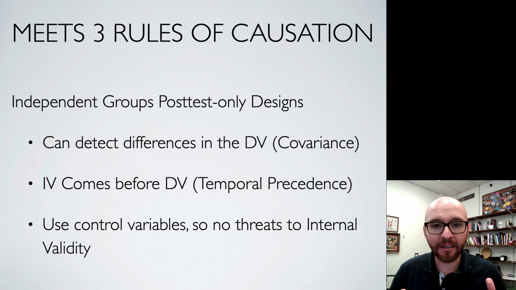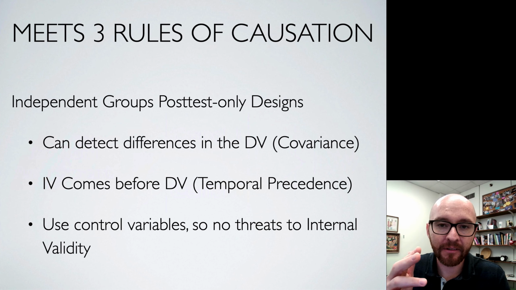So in this situation, you have that comparison group, so you can satisfy covariance. In other words, you can detect a difference in the DV across the 2 groups, across your IV.